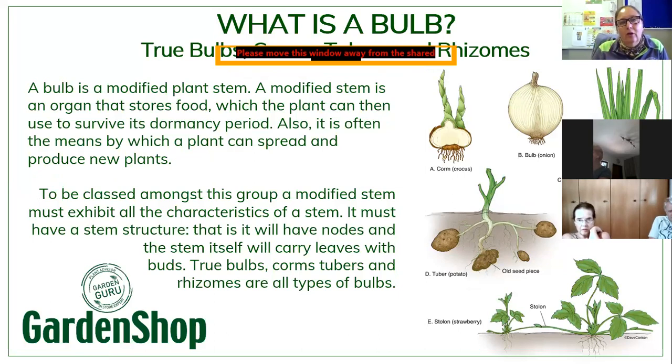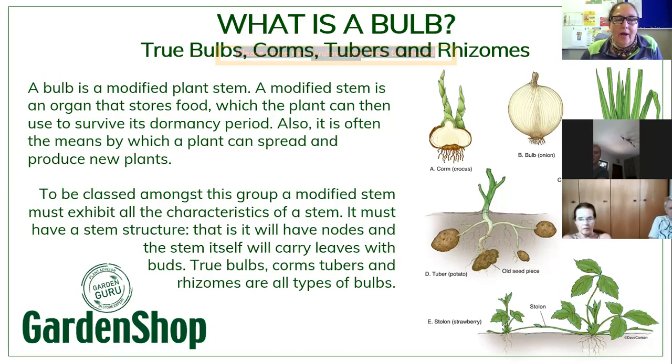Now, a lot of bulbs have adapted over long periods of time in order to survive periods where it might be too dry, too cold, or any other environmental factors that might work against it.